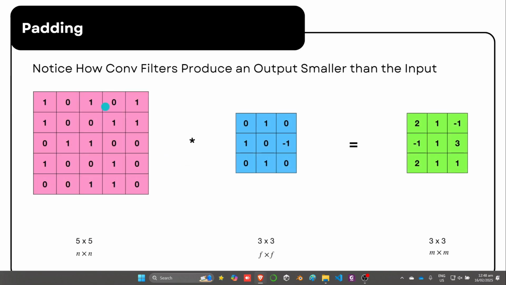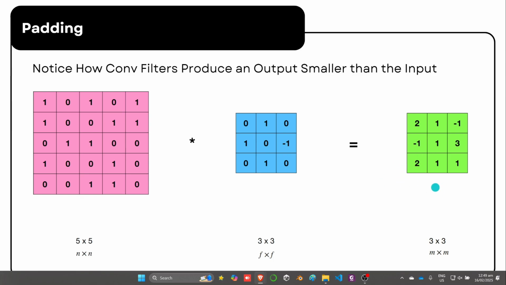So remember this lesson. When we have an image of size 5 by 5 and we perform a convolution with a 3 by 3 filter here, it gives a 3 by 3 output. I remember there was a formula we can use to calculate the output size.